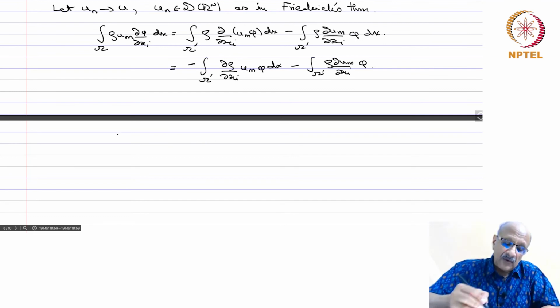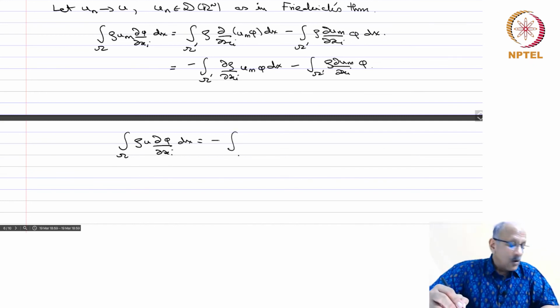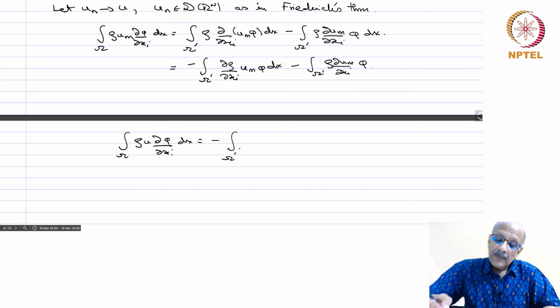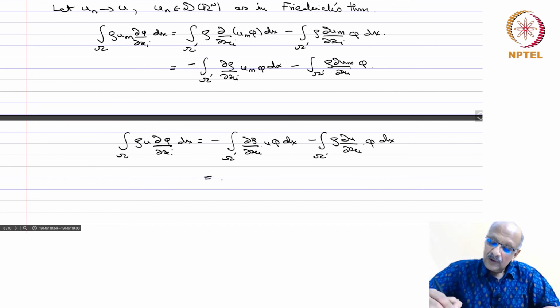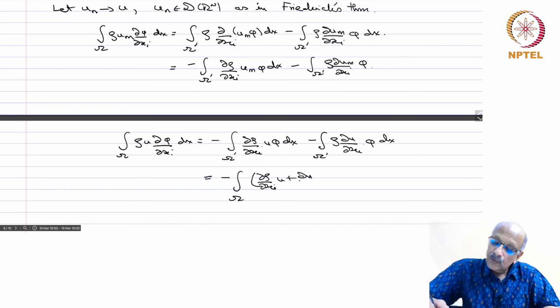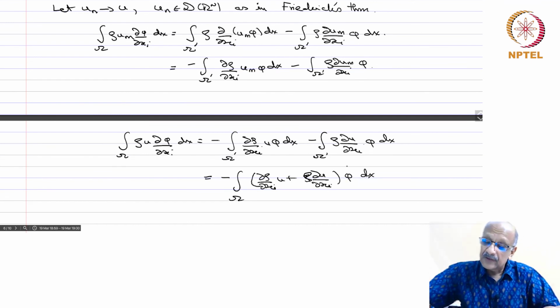Then you pass to the limit, everything is fine. So you get the integral of rho u d phi by dxi dx equals minus the integral on omega prime of d rho by dxi u phi dx minus the integral on omega prime of rho du by dxi phi dx, because I have the convergence of dun by dxi in L2 of omega prime. That is equal to minus the integral on omega of d rho by dxi u plus rho du by dxi times phi dx, because again the support of phi is contained in omega prime, and outside there is nothing.